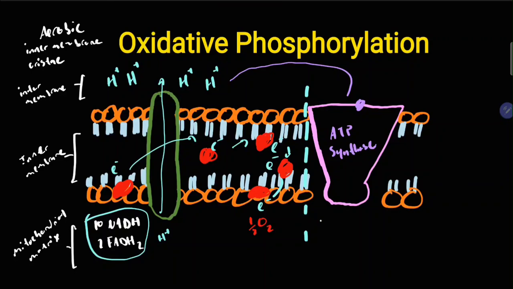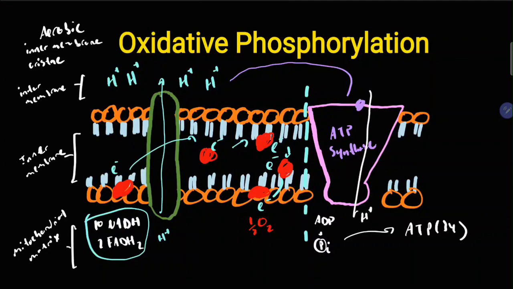So here we have ADP plus an inorganic phosphate group, and it turns into ATP with a total of 34. And as I said, the hydrogens go down here. Yeah, so this is the final step of cellular respiration.